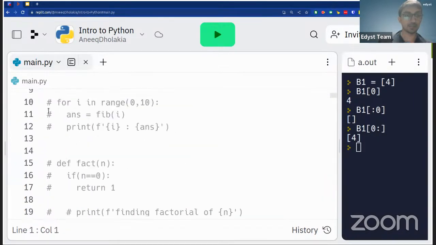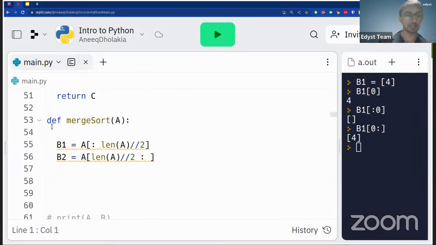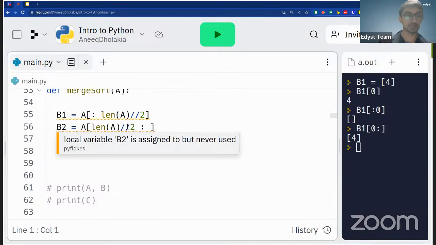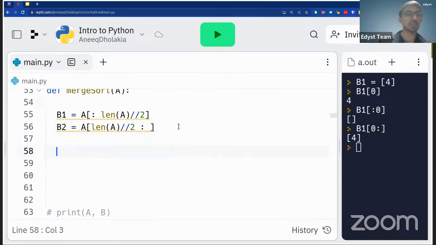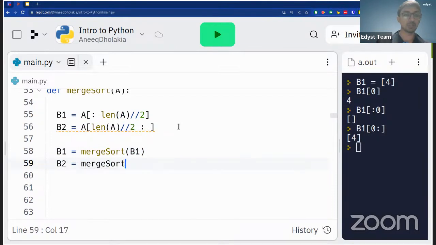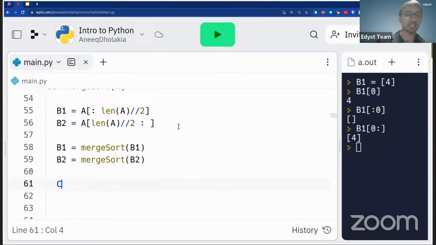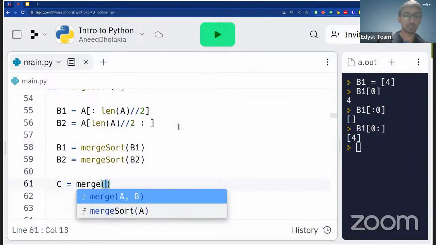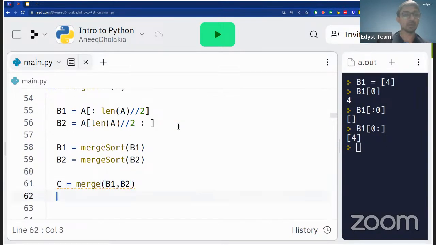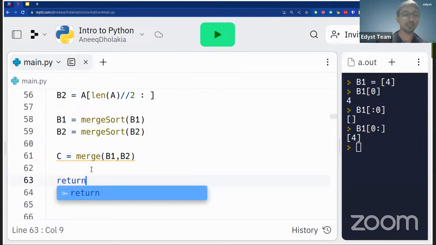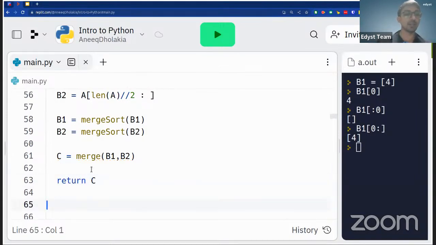One second. Okay. So I did B1 and B2. Then I say you go do merge sort on B1, meaning it will also get divided. B2 is equal to merge sort of B2. Again, do this. And then I'll say C is equal to merge B1 and B2. This merge function we covered yesterday. And then now we're saying return C. Okay.